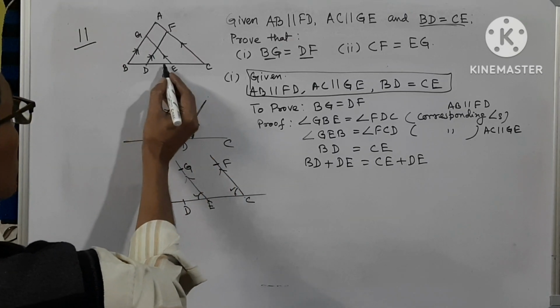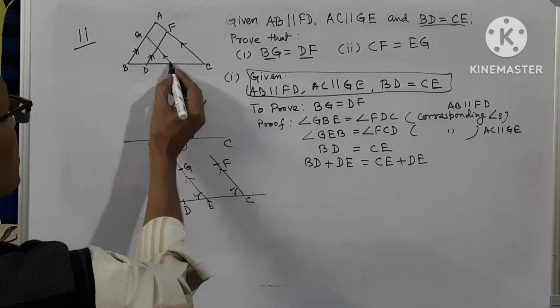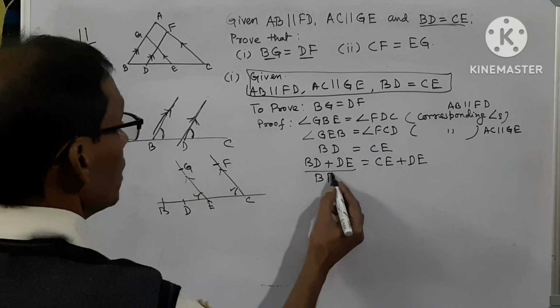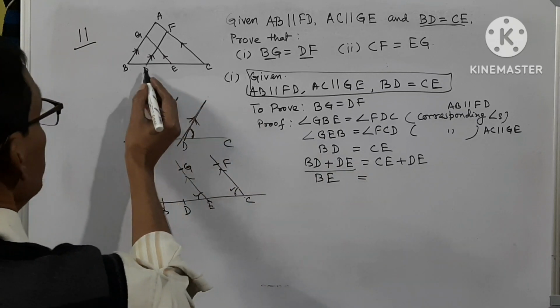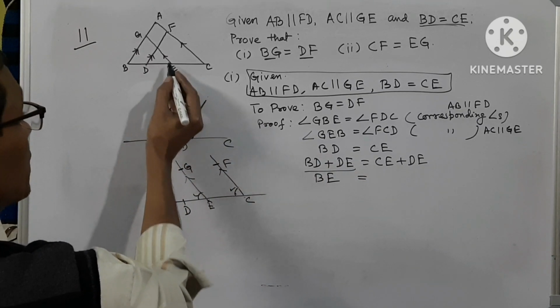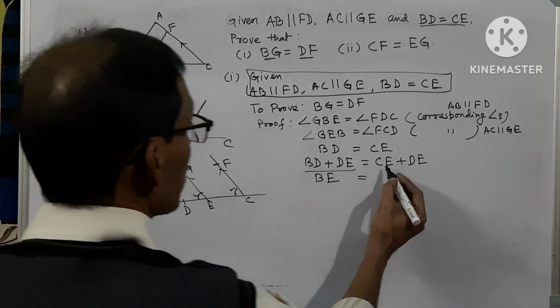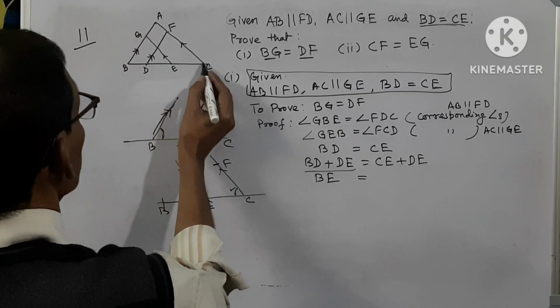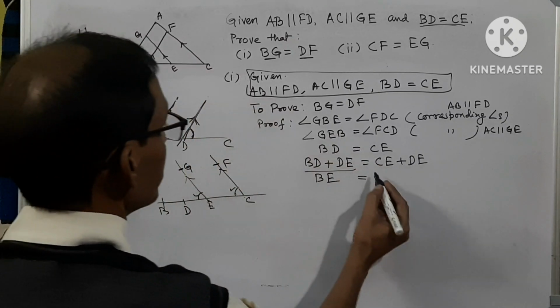With BD you are adding DE, so it becomes BE. And when you add CE and DE, it becomes DC.